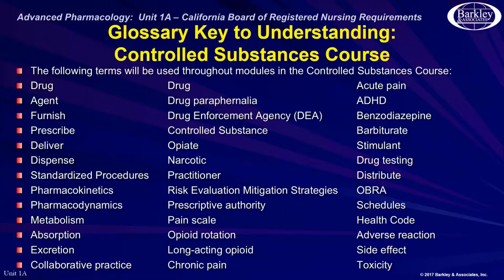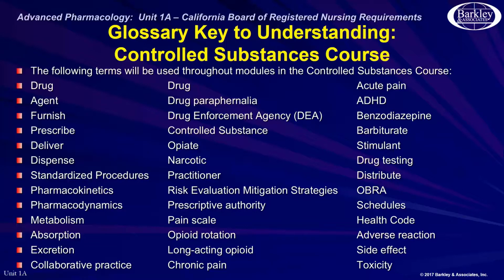absorption, excretion, collaborative practice, drug, drug paraphernalia, Drug Enforcement Agency, controlled substance, opiate, narcotic, practitioner, risk evaluation mitigation strategies, prescriptive authority, pain scale, opioid rotation, long-acting opioid, chronic pain, acute pain, ADHD, benzodiazepine, barbiturate, stimulant, drug testing, distribute, OBRA, schedules, health code, adverse reaction, side effect, and toxicity.